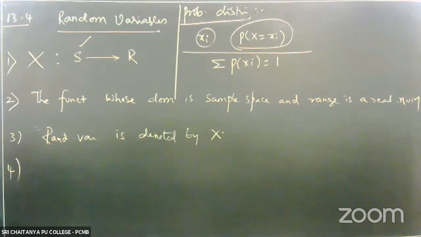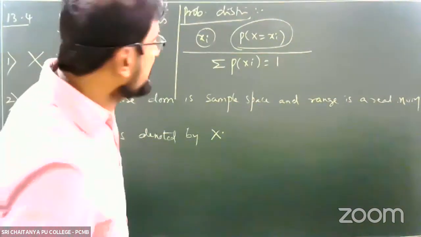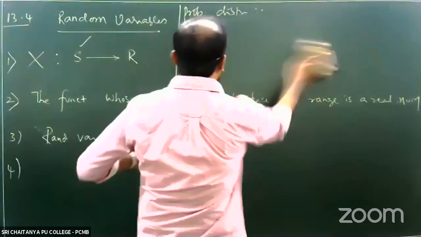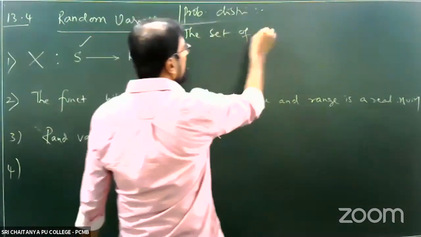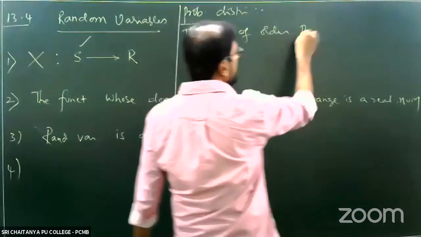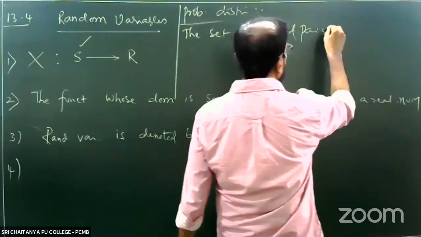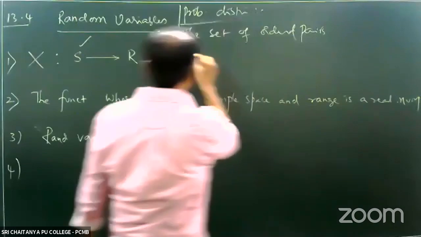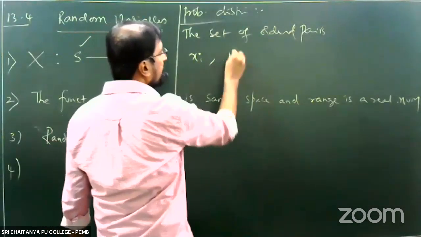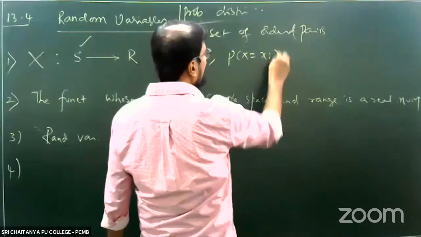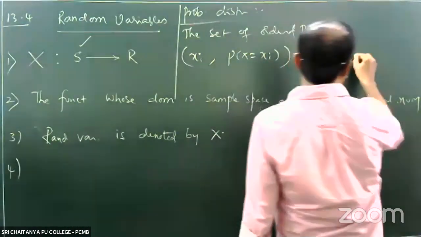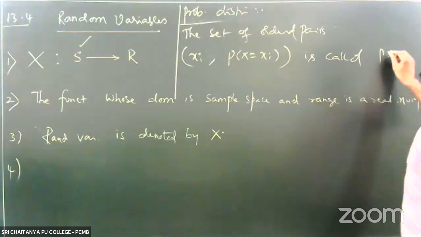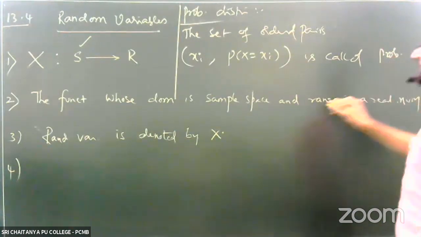The set of ordered pairs, I am going to write on the board, xi comma P of X equals xi, is called a probability distribution.